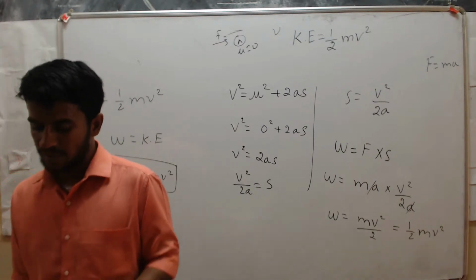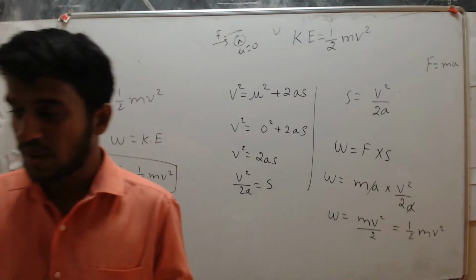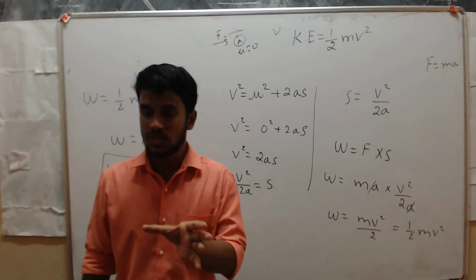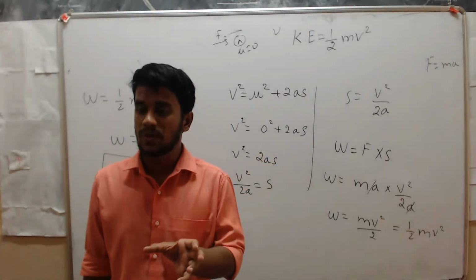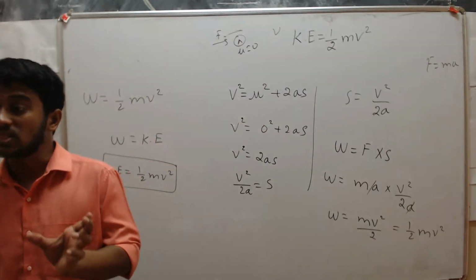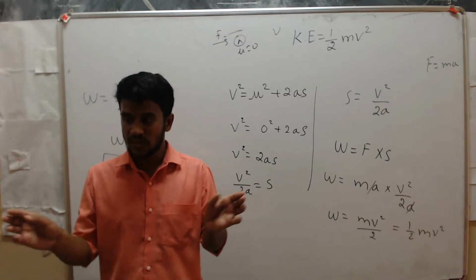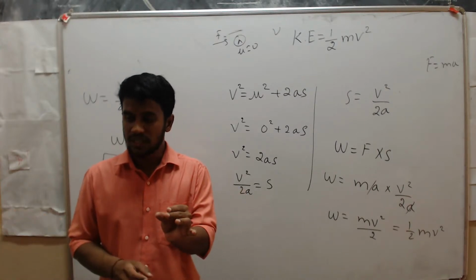For a compressed spring, we can't use the potential energy formula m into g into h. There we use the half kx square formula to calculate potential energy. That is different. That compressed spring releases, right?